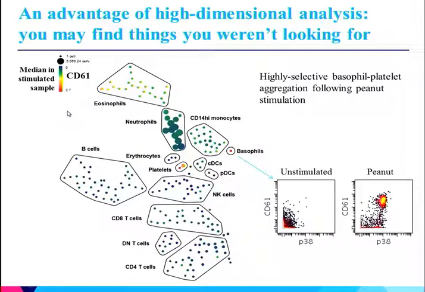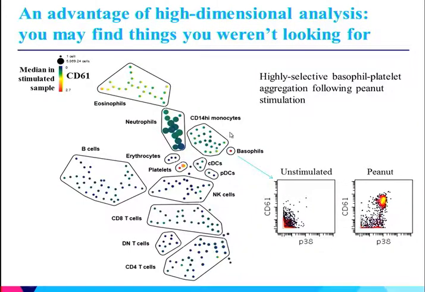And the cool thing about this sort of high-dimensional analysis with the CyTOF is that sometimes, just by virtue of the fact that you've thrown so many things into a panel, you find things you weren't expecting. A cool outcome that came out of this is that I had CD61 in this panel as a marker for platelets, which in an unstimulated sample are CD61 positive and are the only CD61 positive cells in the sample.